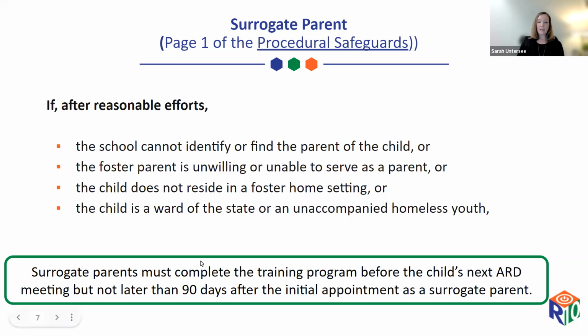Surrogate parents must complete the training program before the child's next ARD meeting, but not later than 90 days after the initial appointment as a surrogate parent. So that's similar to our foster parents.